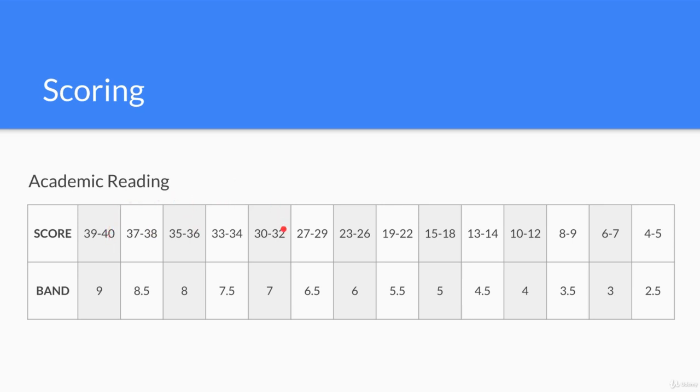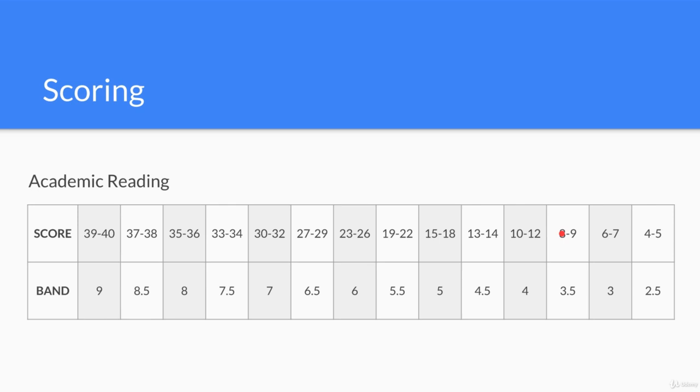For example, if you answer between 39 to 40 questions correctly, then you're going to get a band 9. On the other hand, if you get 37 to 38 questions correctly, then you're going to score band 8.5. And on it goes for all of these different classifications of the scoring.